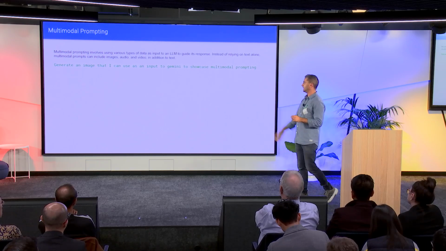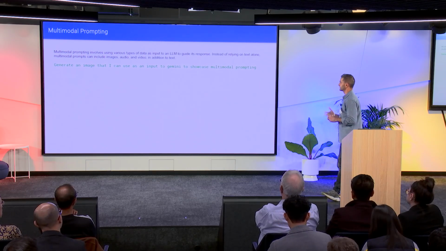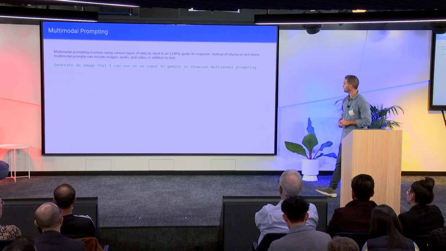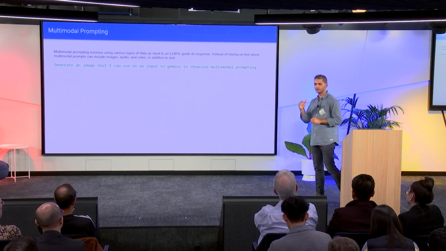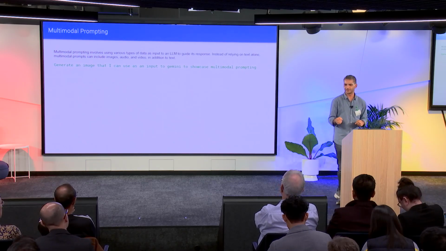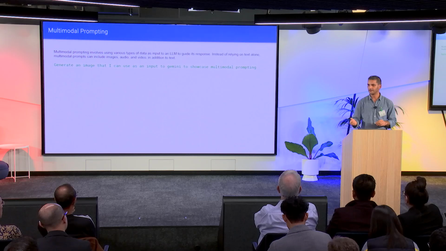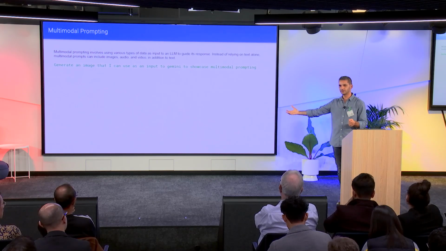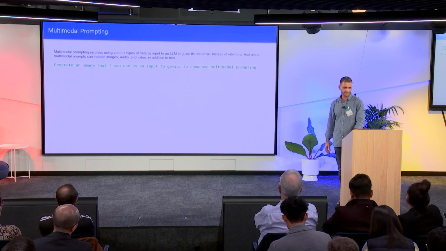So it basically involves using various types of data as input to an LLM to guide its responses. As I was saying, while you are using it in your applications, you'll ask it to generate an output, and then you'll use that output as an input to the next function or the next step of your workflow.